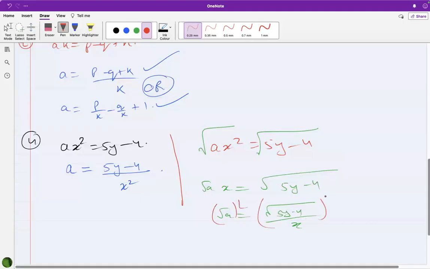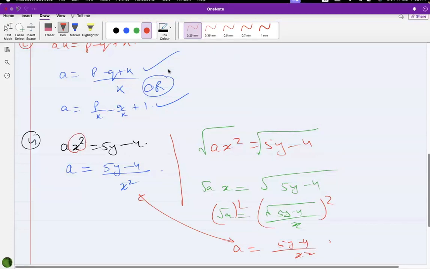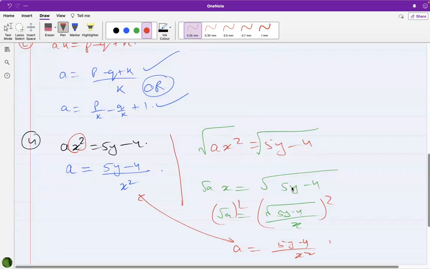Now square again, and we get A equals 5y minus 4 over x squared. That was a single step, just divide by x squared on the other side. Getting it? Yeah, so you just square it on both sides, remove the square root, and then you get it over there. Okay.